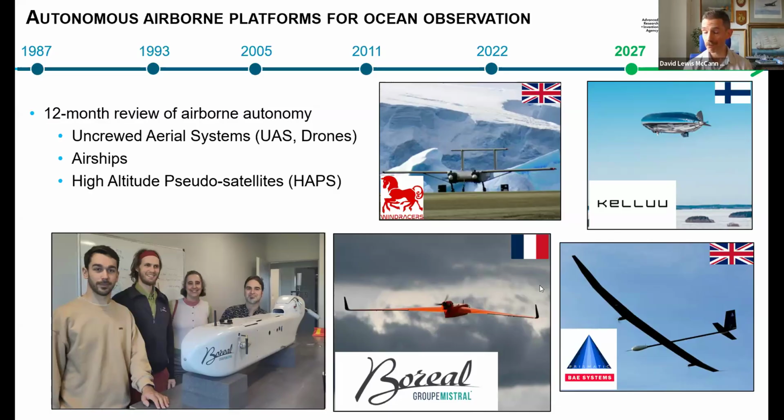We looked at airships, and we also looked at high altitude pseudo satellites, stratospheric drones, fixed wing drones. And the result of this was the selection of the Boreal Lab drone, the French drone that you can see in the center there, and also in the left-hand image with some of our project team standing beside the fuselage.